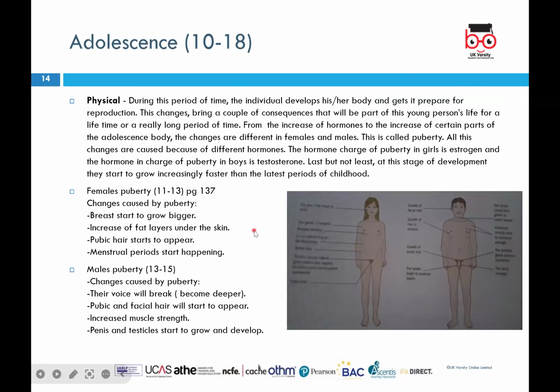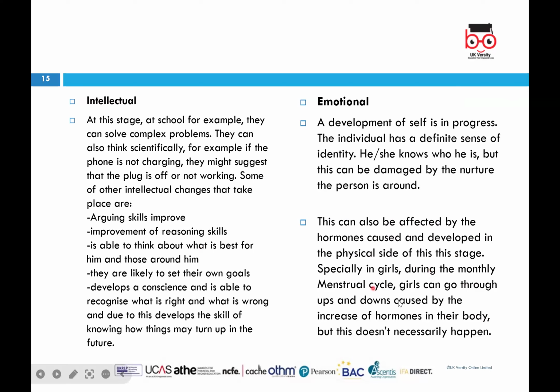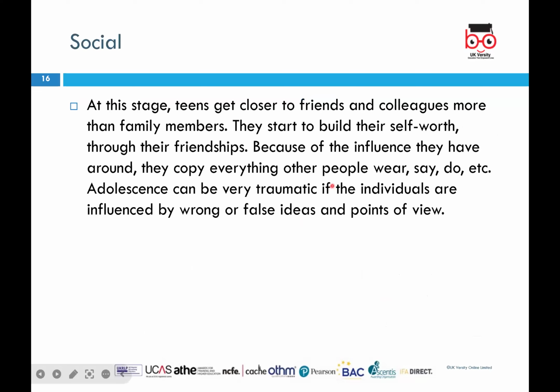For instance, when there's a menstrual cycle, the girls can go through different feelings and emotions. Socially, they start building up their friends and having their own circles. Adolescence can be very traumatic if the individuals are influenced by wrong or false ideas and points of view.